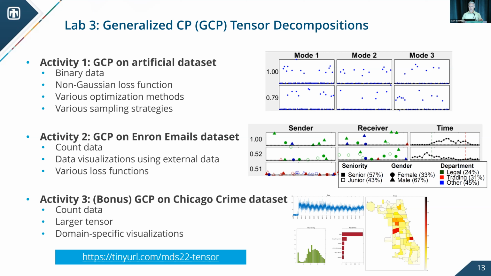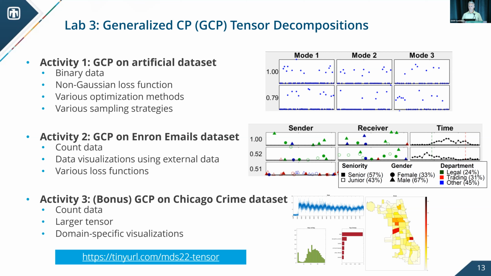And then this bonus is this Chicago data set where you'll be able to actually do the decomposition and then visualize using these tools that are domain specific. Again, all the data is here if you don't have it already, or pointers to the data are here. And if you want more information about any of these 3 data sets, then you can go to the individual GitHub data repositories and look at the information in the README.